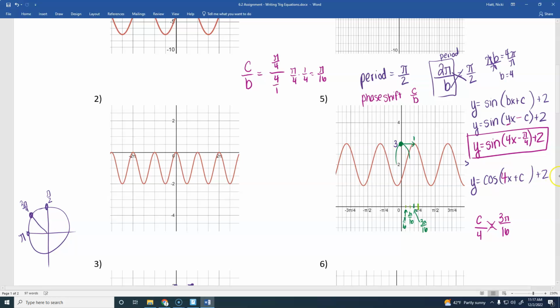So if we cross multiply, we will get 16C equals 12 pi, divided by 16, C is 3 pi over 4. So my equation here is going to be y equals cosine of 4x minus 3 pi over 4 plus 2. So both of those are options.